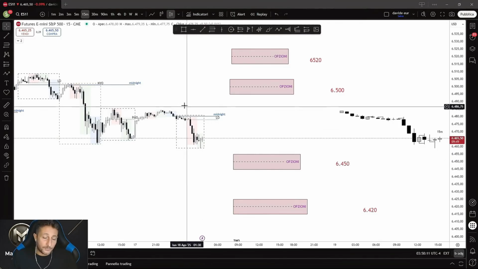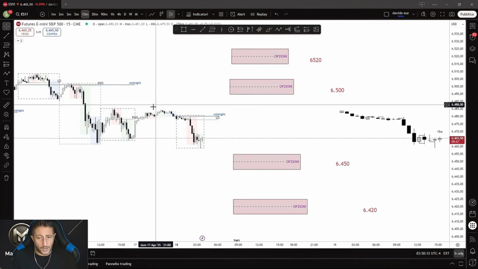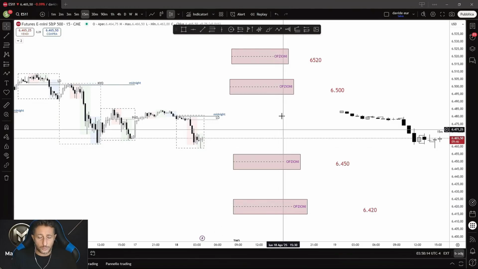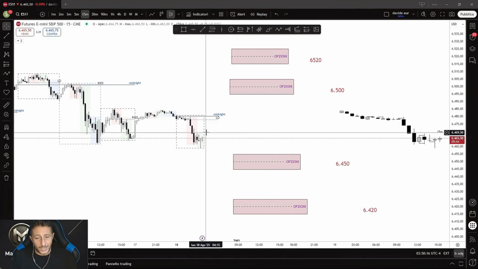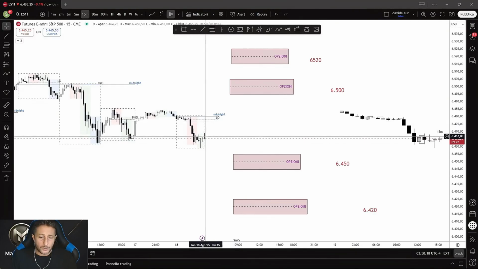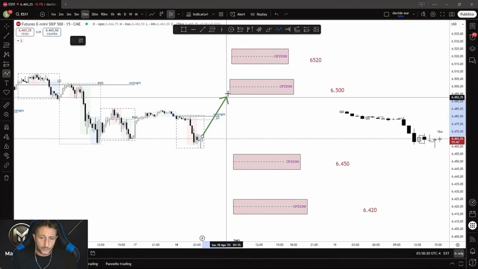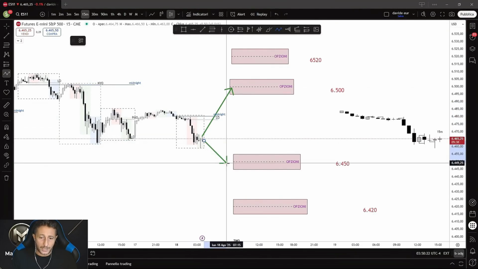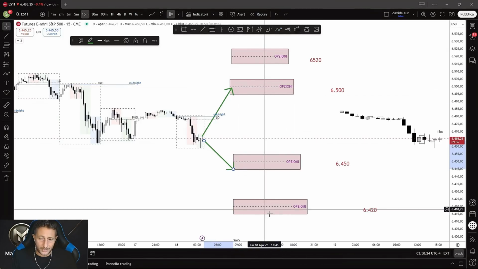As for the S&P chart, I don't trade it. I only pay attention to the option zones. We could have some SMTs, so the moment the S&P reaches certain option zones, the Nasdaq could also experience some pullbacks.